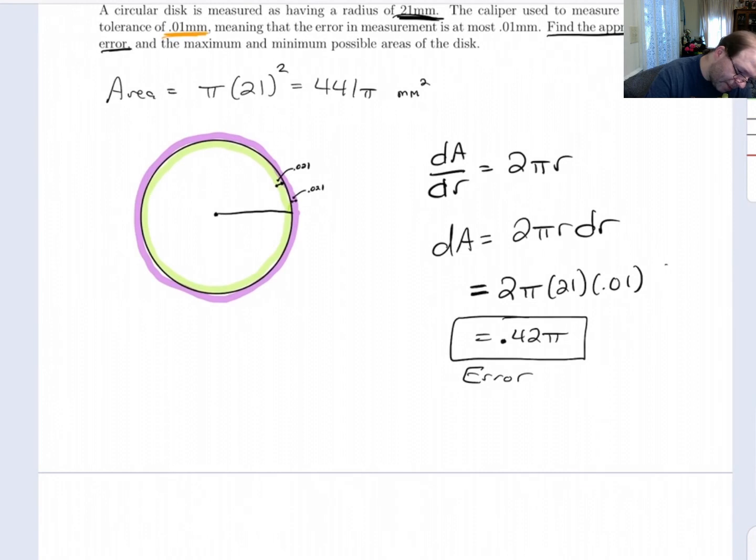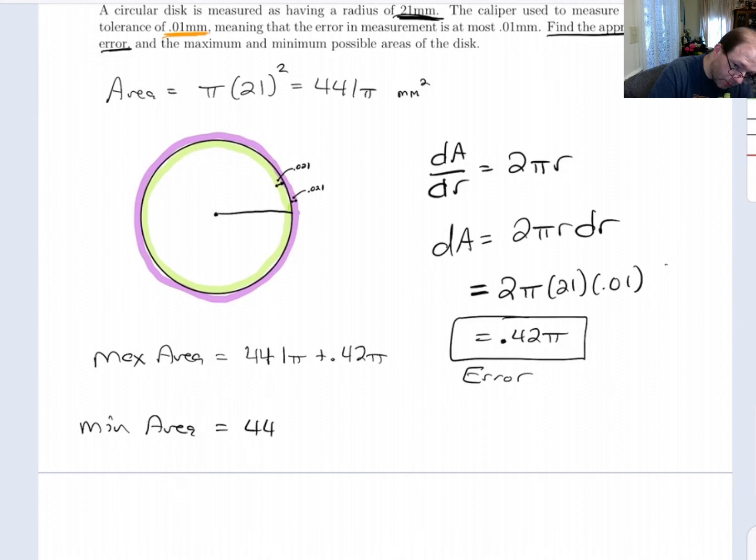And so the maximum area of this disk is going to be 441 pi plus 0.42 pi. You know what? Well, I'll just leave it like that. And the minimum area is 441 pi minus 0.42 pi.